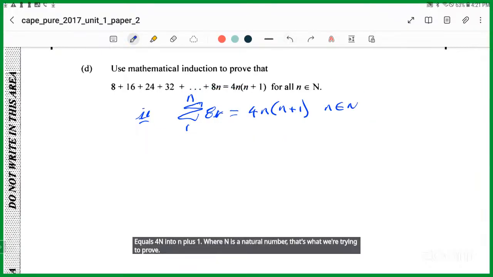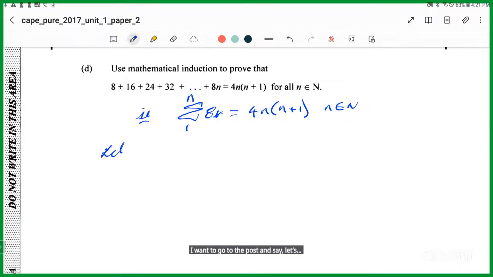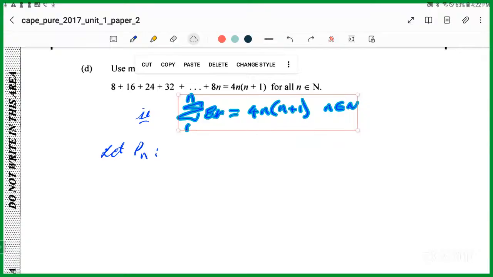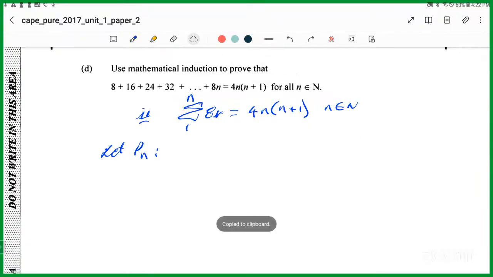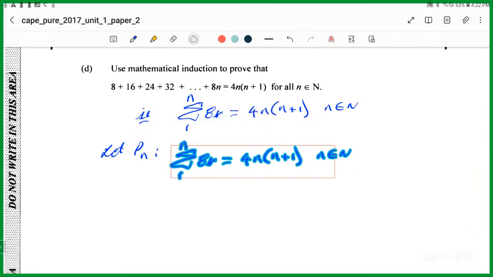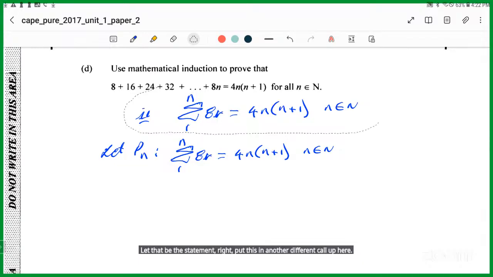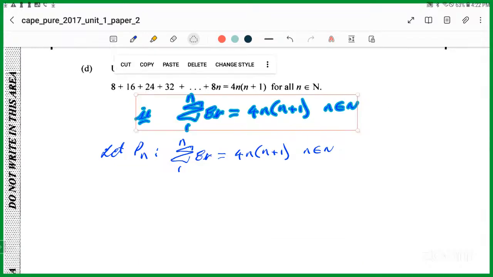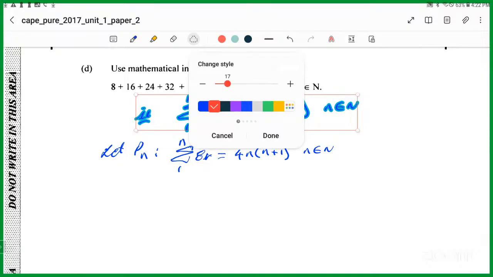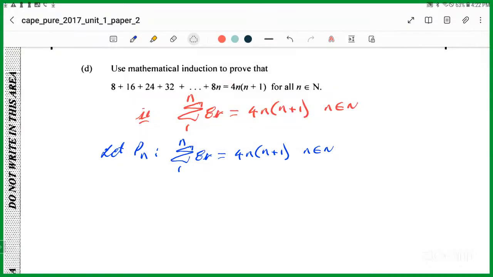I'm going to go through the process. Let the statement be Pn such that, and you basically write in this back. Let that be the statement. Alright, put this in a different color up here. Alright.